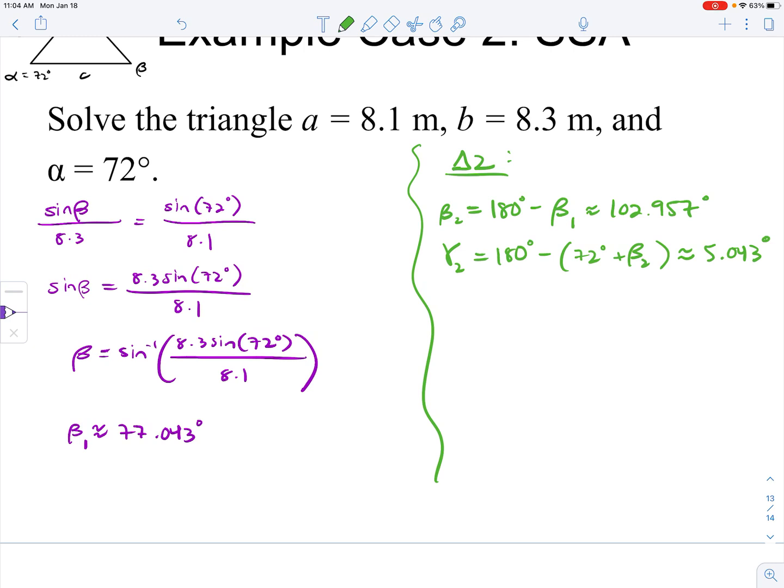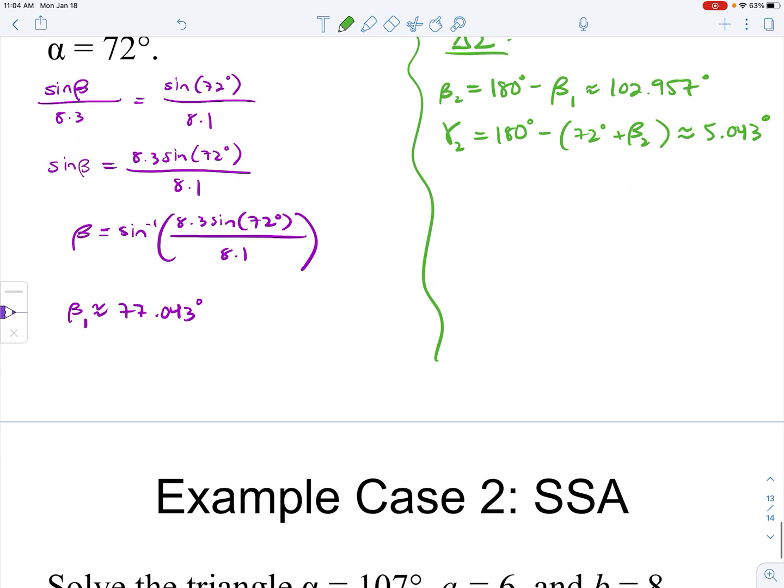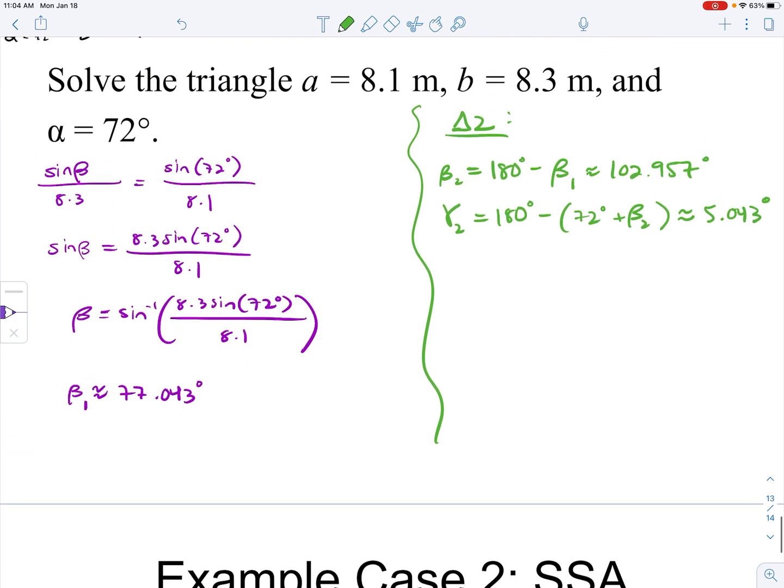And we get approximately 5.043 degrees. So small angle, but because we did end up with that third angle, there's two triangles that exist from this given information.